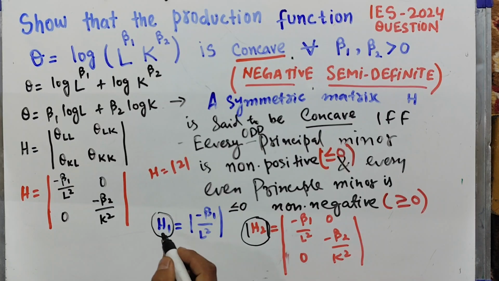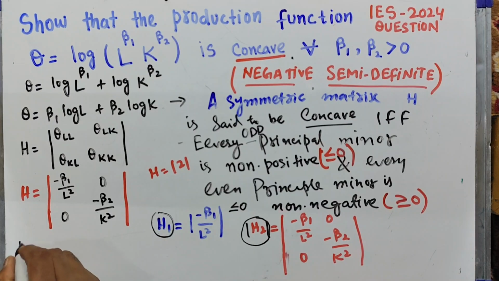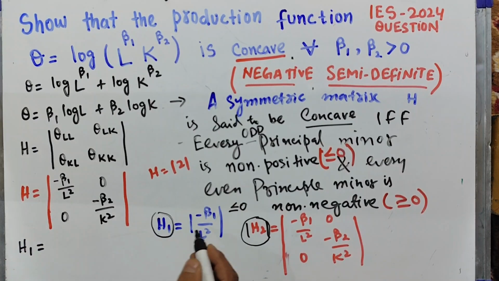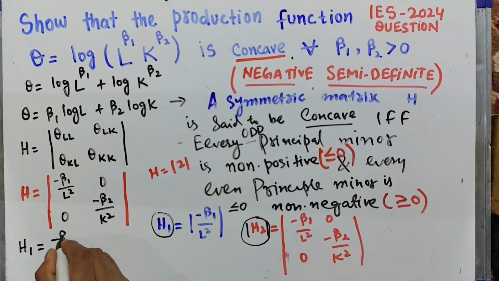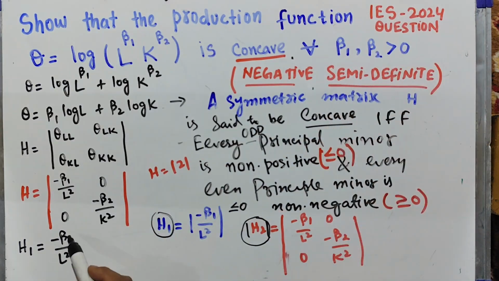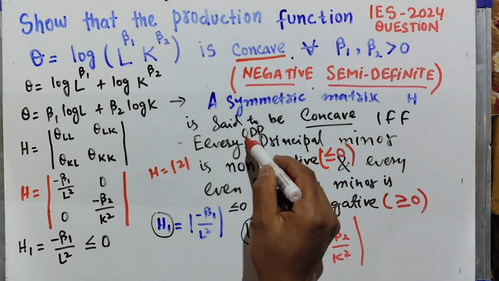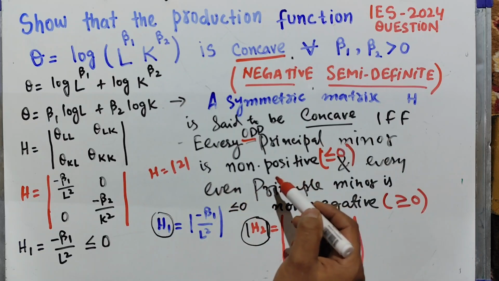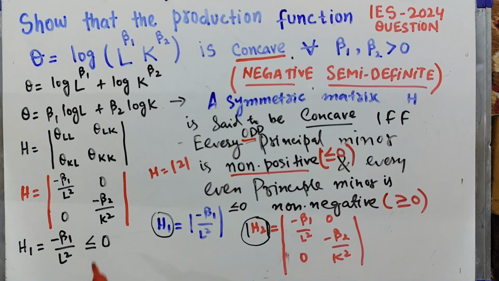Here you can see H1 is minus beta 1 divided by L square, only one element. Since beta 1 and beta 2 are greater than 0, this term will be less than or equal to 0. So the odd principal minor is non-positive. Let us find the even principal minor, that is H2.